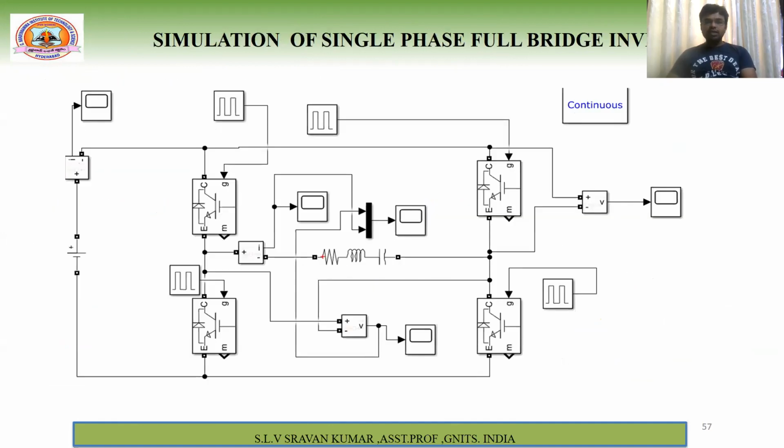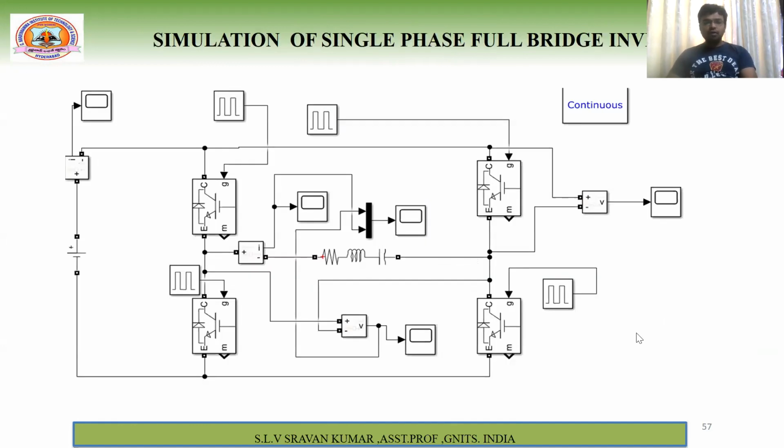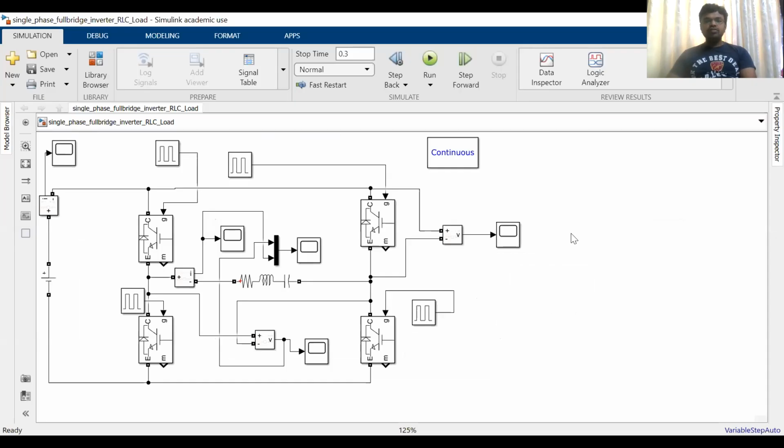Now if you see the simulation of single phase full bridge inverter, here I am using R load, RL load or RLC load. Right. So firstly, let us go for one simulation circuit. This is single phase full bridge inverter. So this is important. Now if you see the load, I'm showing here.